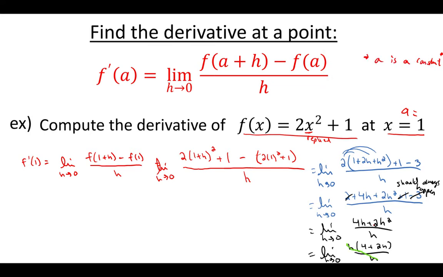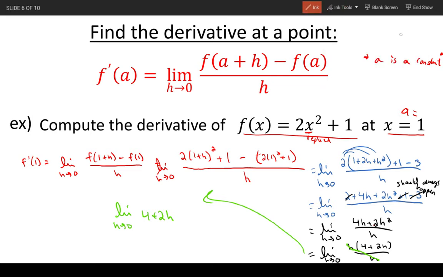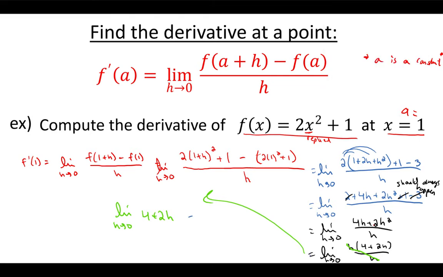So the h and the h cancel. I'll finish this up over here, sorry. So then we're left with the limit as h goes to 0 of just 4 plus 2h, right? Because the bottom went away. And now we can direct substitute. So then our final step to plug it in is now just 4 plus 2 times 0. 2 times 0 is 0, so it's just 4.